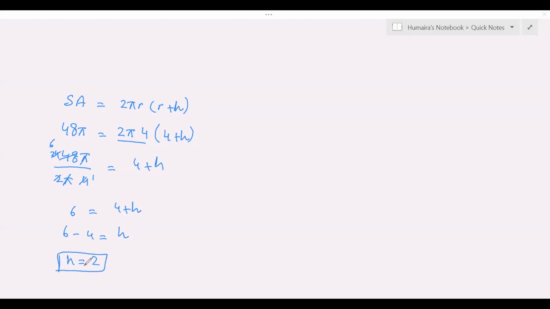Now we will put this value of h into our formula of volume. That is volume equals pi r squared h. The value of pi is 3.14 and r is 4 squared times h.